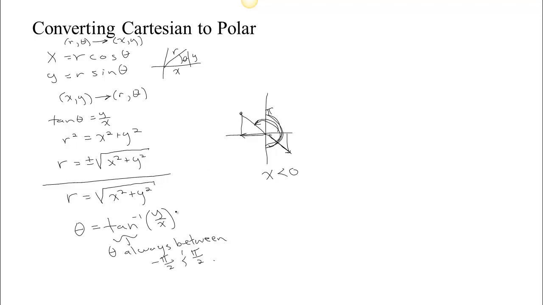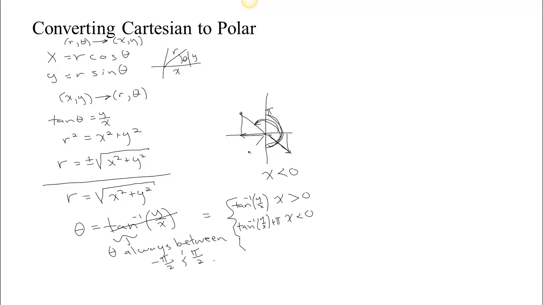So what we're going to do is adjust this formula a little bit. If x is greater than 0, then we know that arctangent will work, so we'll just take the arctangent of y over x. But if x is less than 0, then we can take the arctangent of y over x and add pi to it, so that it will be over here in the correct quadrant.